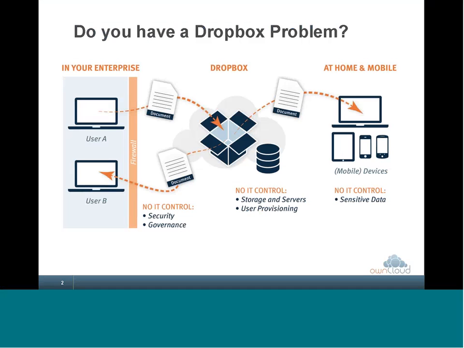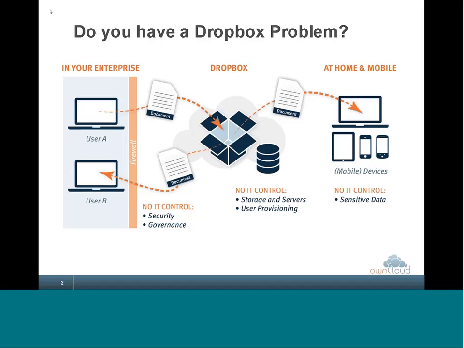Just as a reminder of what we are, ownCloud fundamentally solves what we call the Dropbox problem. What happens? Well, you have two users in an enterprise on the left. They want to share a document, but it's too big for email or something like that. So they go ahead and drop it into Dropbox or Google Drive or any number of other solutions. We're not picking on Dropbox here at all.